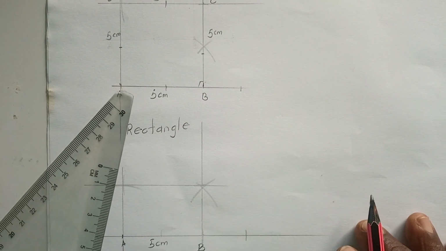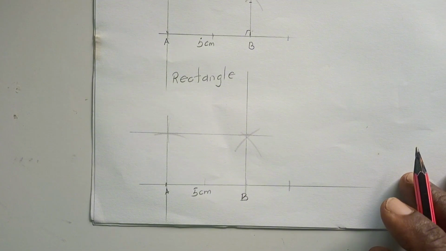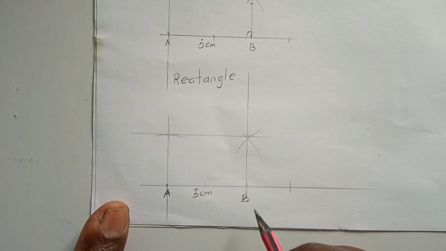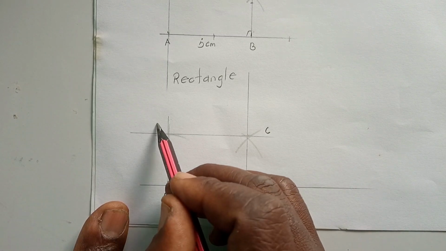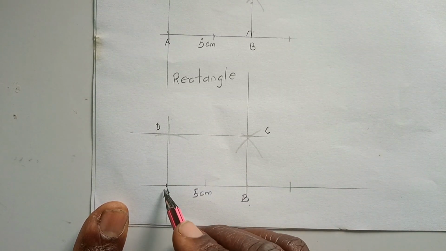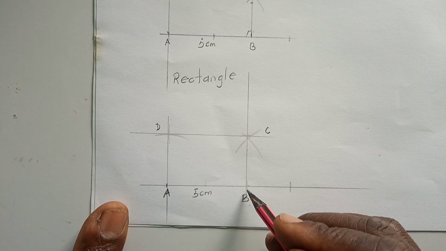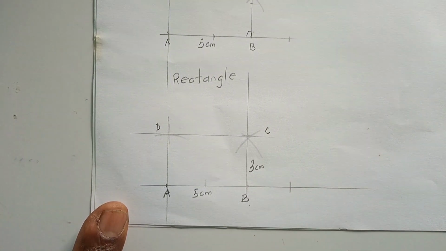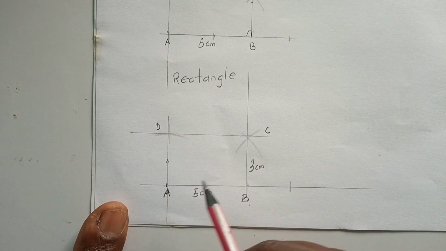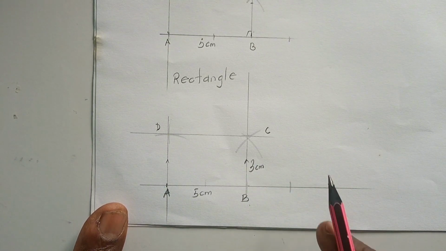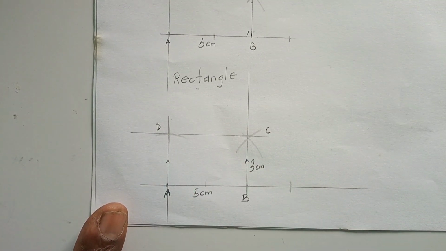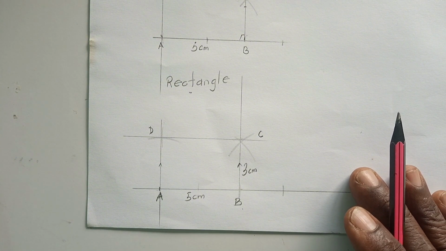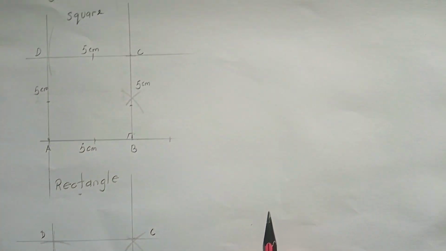Then we label our rectangle as A, B, C, D. The length is 5 centimeters, and the height here is 3 centimeters. So this side and this side are parallel. So that is our rectangle. The rectangle is one among several quadrilaterals.